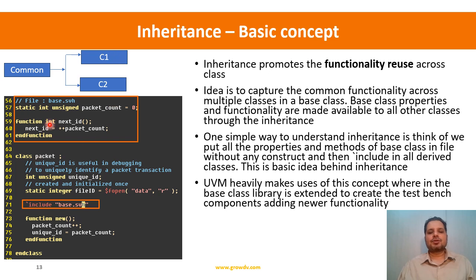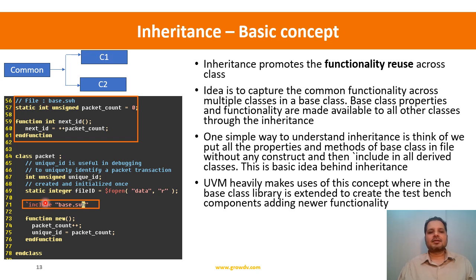If I want to reuse this code, I will just `include this particular file that I have created. As we know, the `include pre-processing macro will literally copy paste the content of this file into this file. Now, although I'm showing everything in one single screenshot, imagine this class packet is present in a file called packet.svh, and base.svh is a different file.